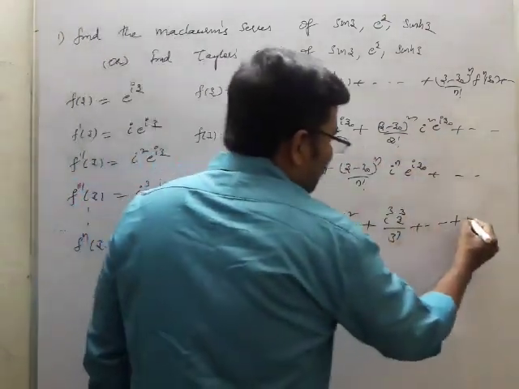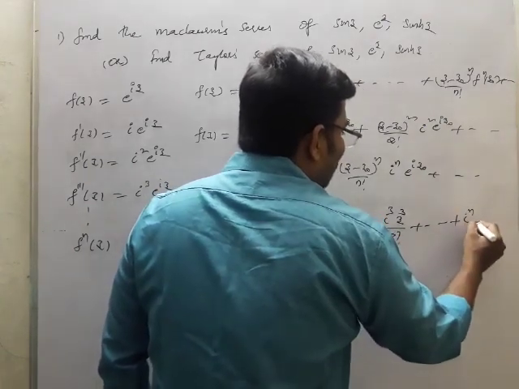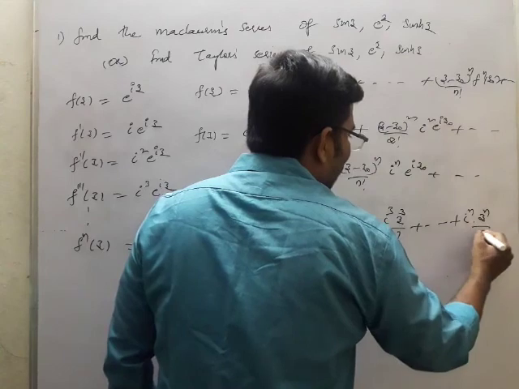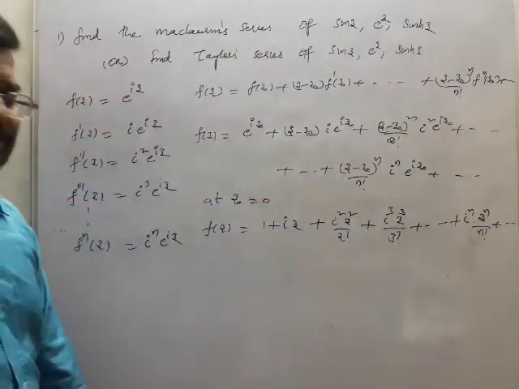So the last one is z power n, meaning here you will be getting i power n into z power n by n factorial plus and so on. Okay, these are the values which you got.